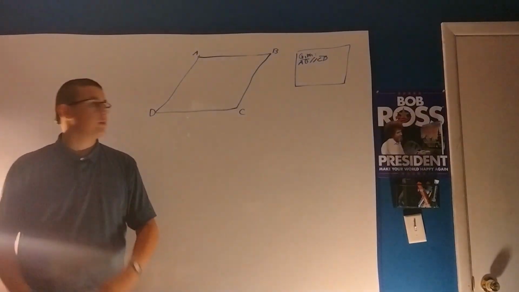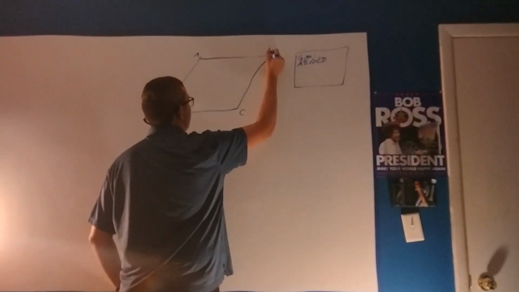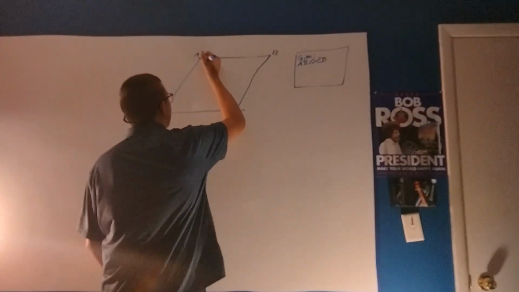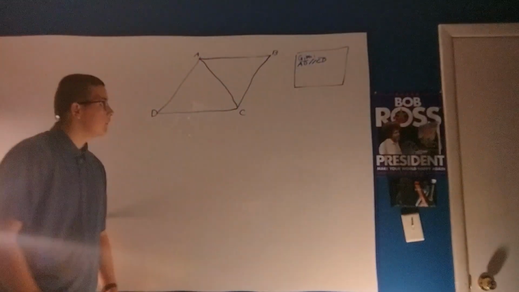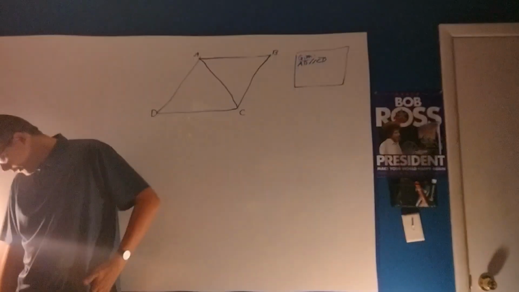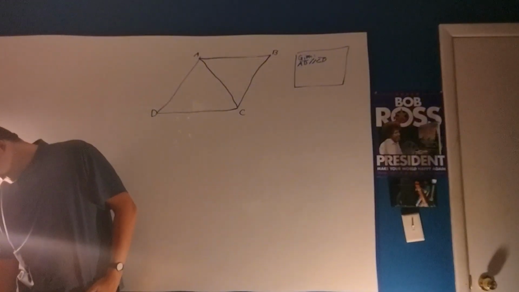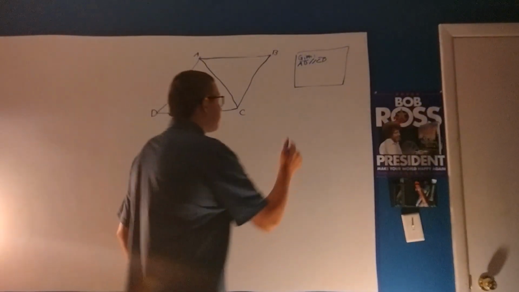I apologize, I drew this incorrectly. There's supposed to be another line cutting it right here between A and C. We're also told that AB is congruent to CD.